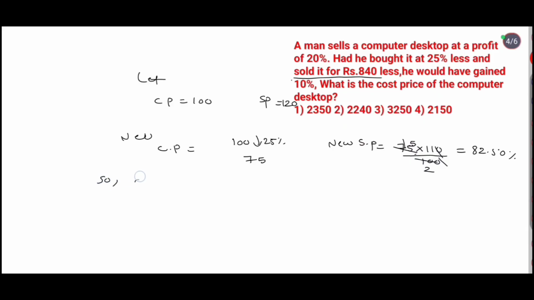This is the difference of the first and second selling price. 120 minus 82.50.